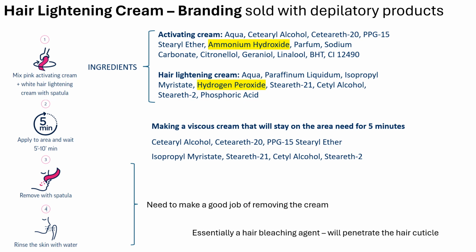Now, this idea of oxidation and reduction comes in very nicely when we start talking about hair lightening creams, because they're often sold with depilatory products, and in essence what you're making is a bleaching agent. As you can see, I've highlighted the ammonium hydroxide and the hydrogen peroxide, the very components we had highlighted on the previous page.